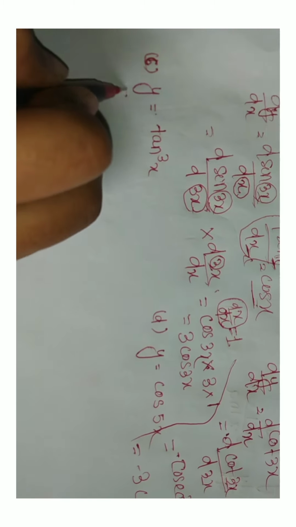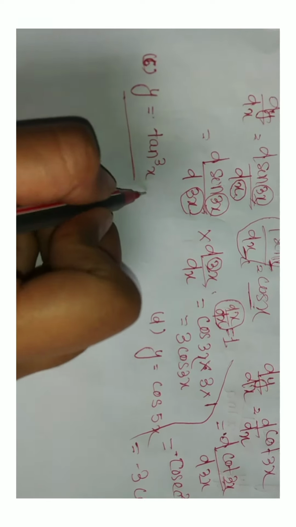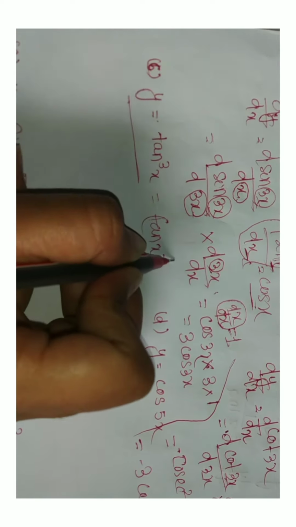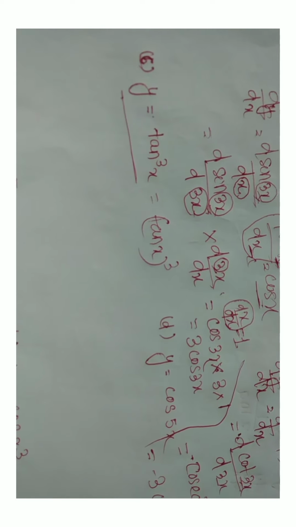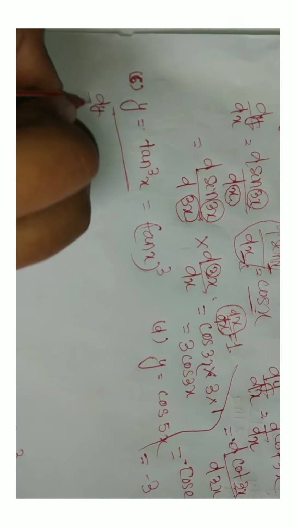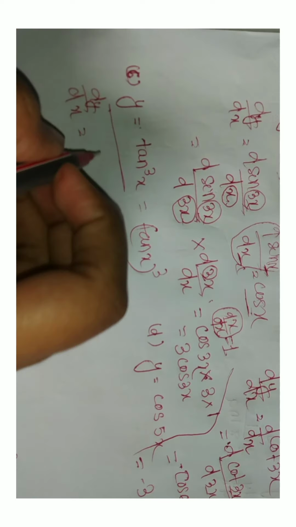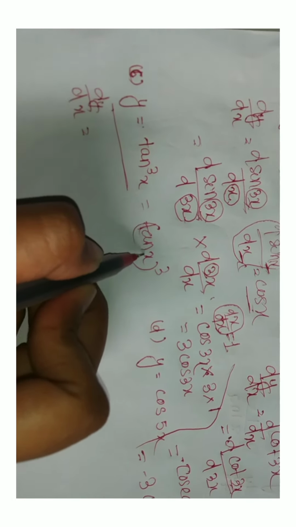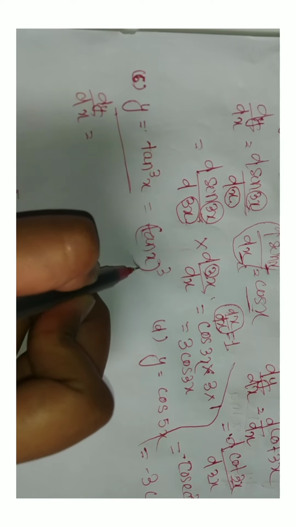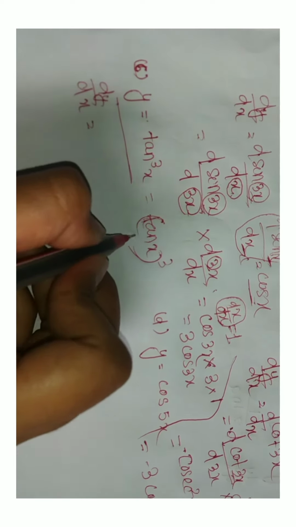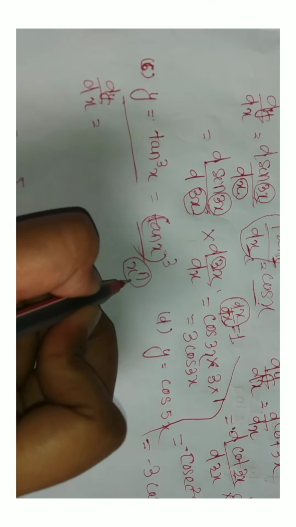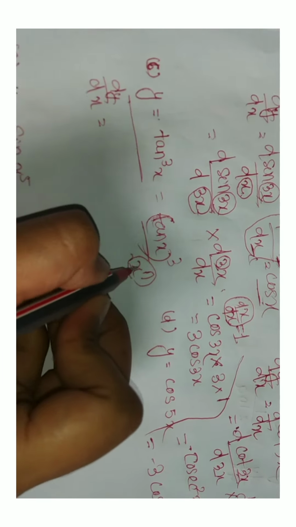Similarly, y is equal to tan cube x. We can write tan x to the power 3. So dy by dx is equal to the derivative of tan x to the power 3. It is in the form of x to the power n.